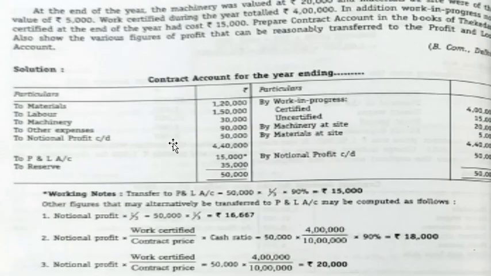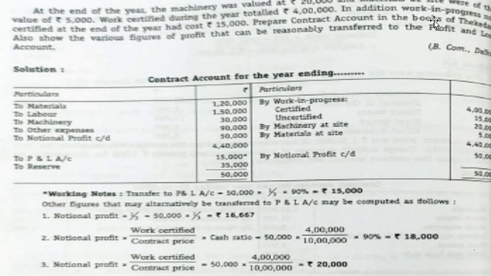At the end of the year, the machinery was valued at rupees 20,000 and materials at the site were of the value of rupees 5,000. Work certified during the year totaled rupees 4 lakh. In addition, work in progress not certified at the end of the year had cost 15,000. Prepare a contract account.